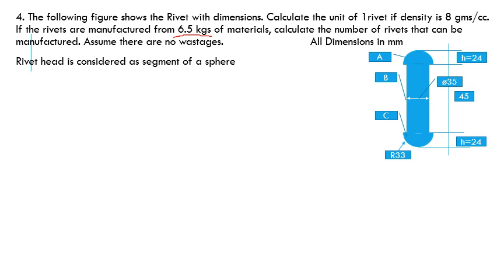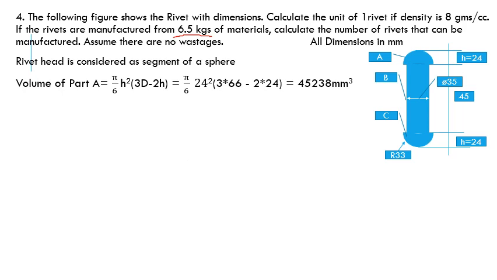Whenever the volume is less than the hemisphere, we consider it as a segment of a sphere. So again, parts A and C are segments of a sphere, and part B is a cylinder. Volume of part A, we have already understood in our earlier slides during the mensuration section.